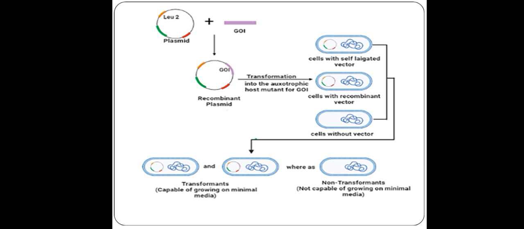Non-transformants are cells that have not taken up the plasmid and are not capable of growing on the minimal media because they lack the necessary genes. This process is commonly used in molecular biology to introduce new genes into organisms for research and biotechnology applications.